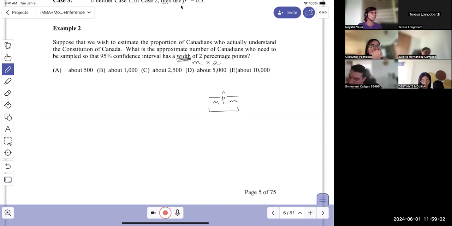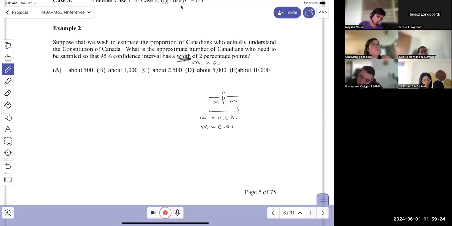So what is M, if the width is 2 percentage points? That's just interpreting the problem. So M is 0.01, 1%.